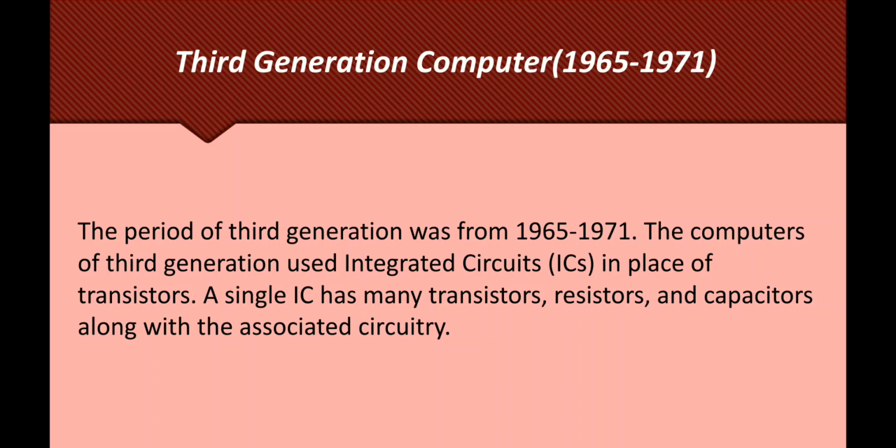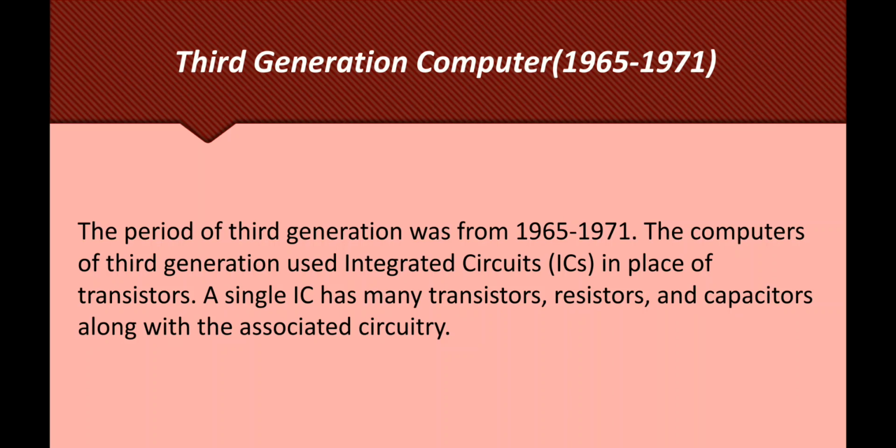These ICs were called chips. For example, Apple I and IBM are examples of third generation computer systems. A single IC has many transistors, resistors and capacitors along with the associated circuitry.